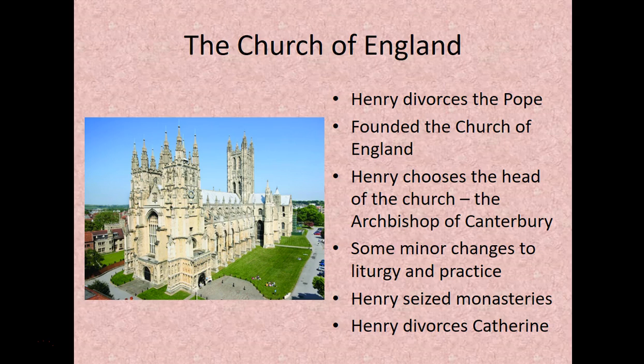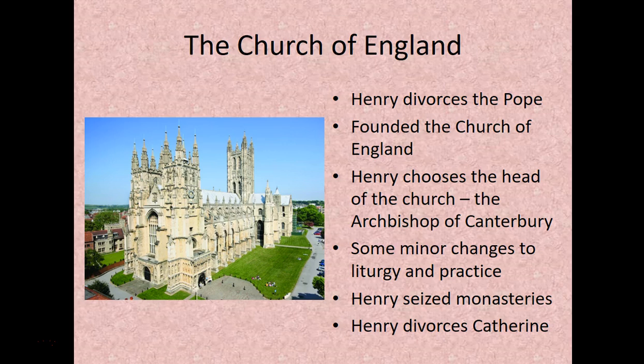Other than that, there are not many changes to the Church of England from Catholicism. There are some minor changes to liturgy and practice, like the Bible and prayers are going to be in English. But overall, it's still pretty similar in terms of practice of the church.